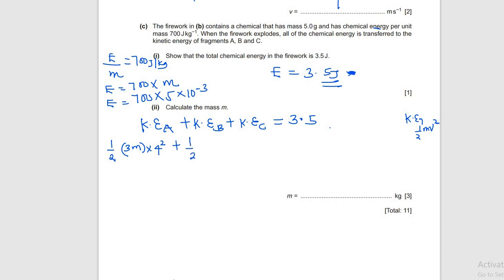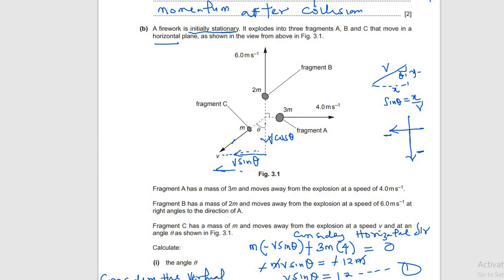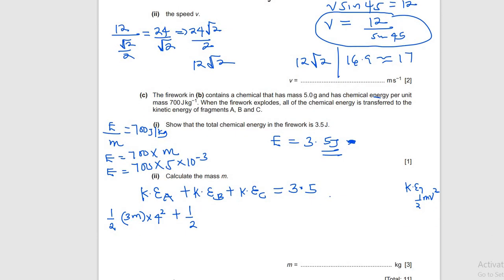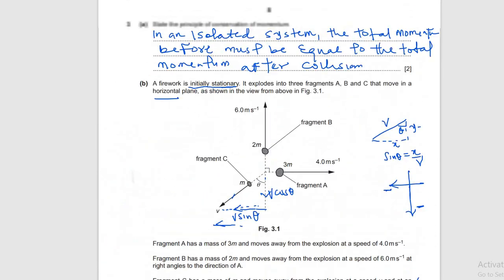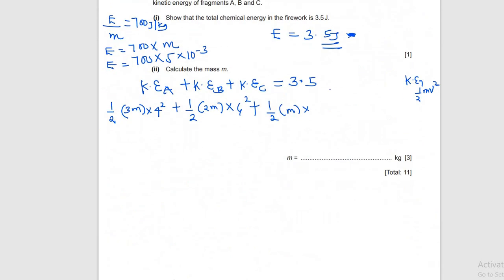The second fragment B, the mass is 2m and the speed is 6, so 6 squared. The third fragment, the mass is m and the speed is v, which we found to be 17, so 17 squared, equal to 3.5.